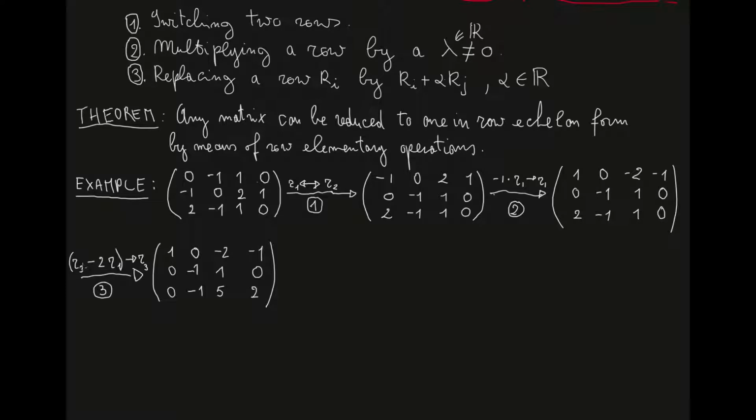So we take row 3 plus -2 times R1. So replacing a row Ri, in this case R3, by Ri plus alpha times Rj for some j. In this case alpha is going to be -2 and Rj is going to be R1.